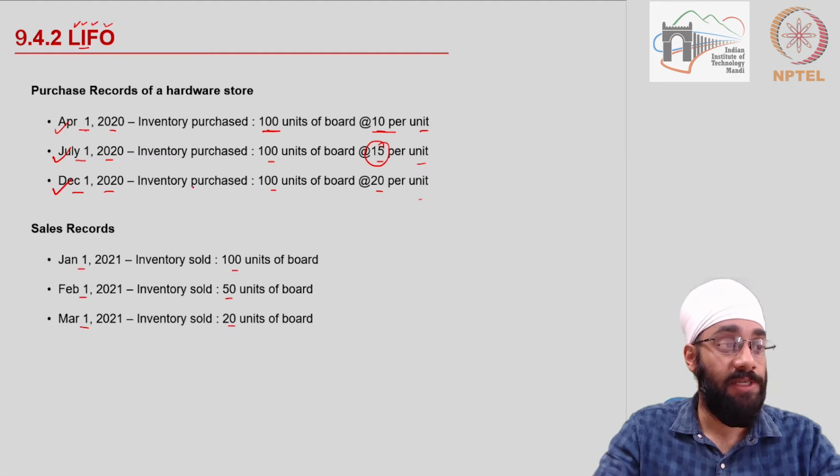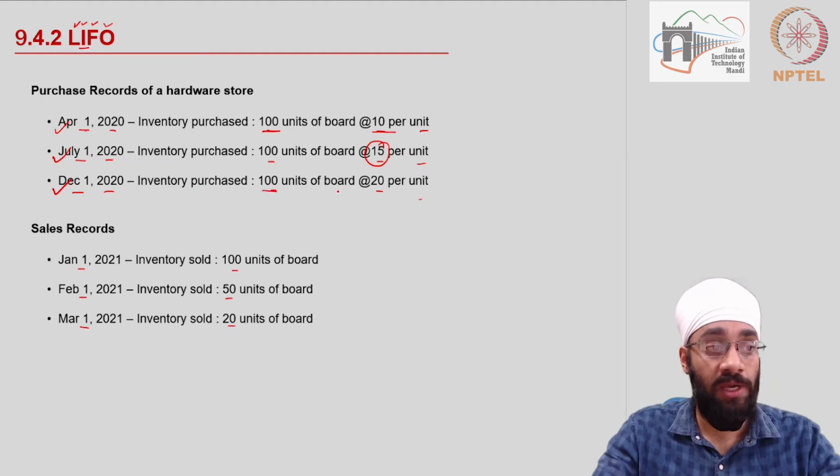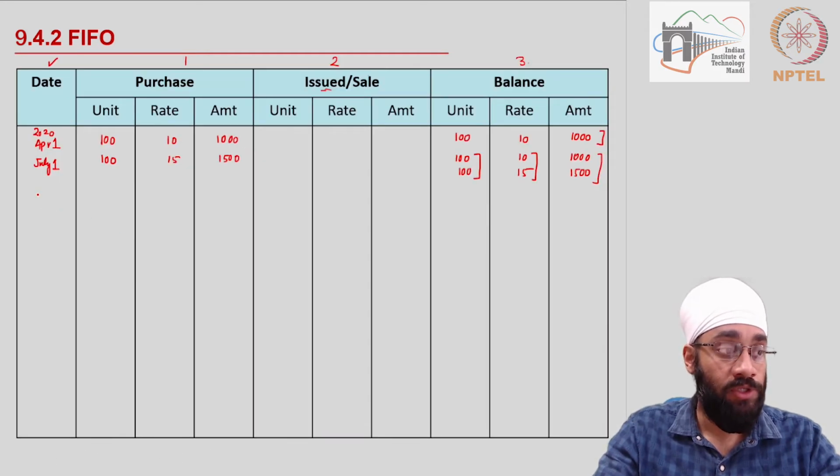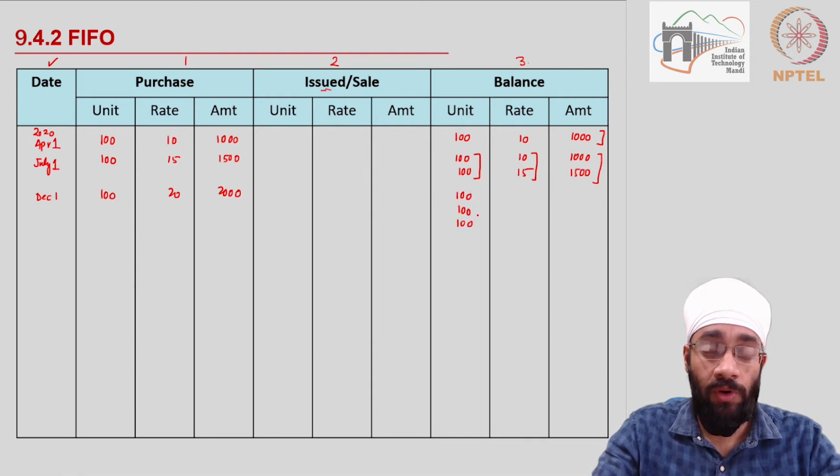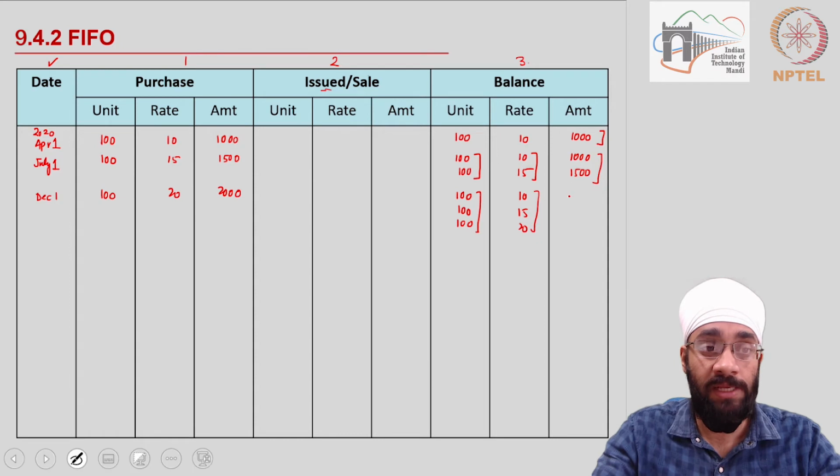The third transaction is when we purchase stock again, another 100 units, but this time at 20 per unit on December 1st. So I'll write here December 1st, another 100 units, 20, so 2000 more, and now I have 100 units each of 3 stocks, and each time the price has been going up, so different prices, and this is 1000, 1500 and 2000.